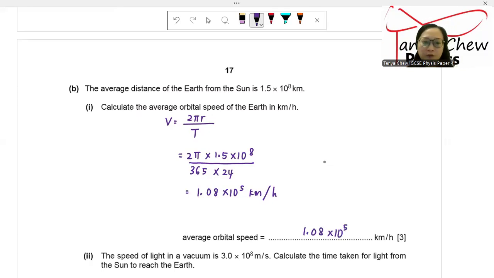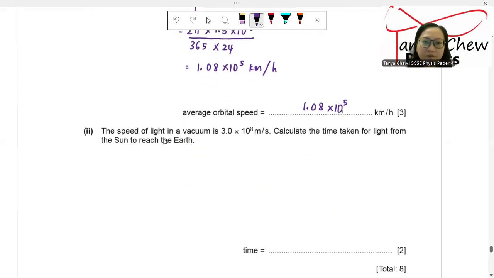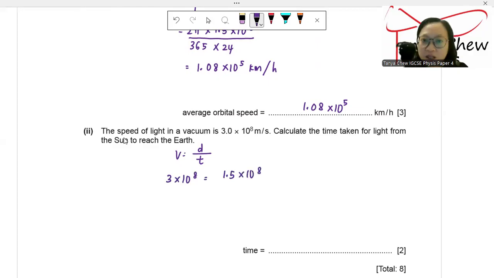That's the answer. Now the second part, the speed of light in vacuum is 3 times 10 to the power 8 meter per second. Calculate the time taken for light from the sun to reach the earth. So I'm going to use V is equal to distance over time. Speed of light is given, 3 times 10 to the power 8. The distance is also given, which is 1.5 times 10 to the power 8 kilometer.